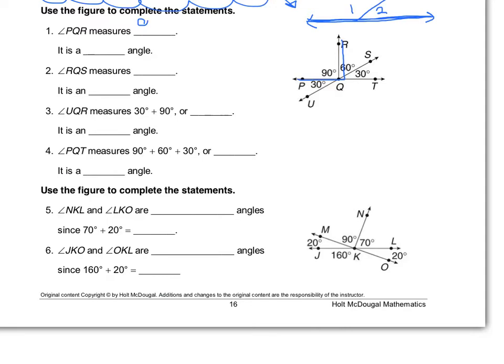It is a 90-degree angle, which means we need to call it a right. RQS, find it, highlight it, that is our 60-degree angle. If I look up above, that means it is less than 90, so it is acute.